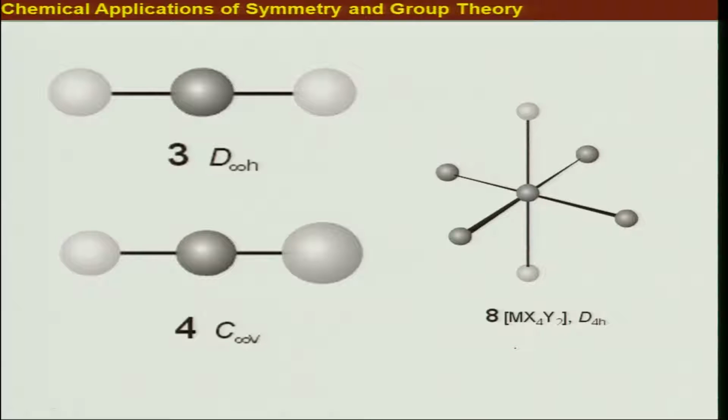There we asked the question, is the molecule linear, and if the answer is yes, then it belongs to one of two different types of symmetry point groups: D infinity H and C infinity V. Here are the examples on your screen.